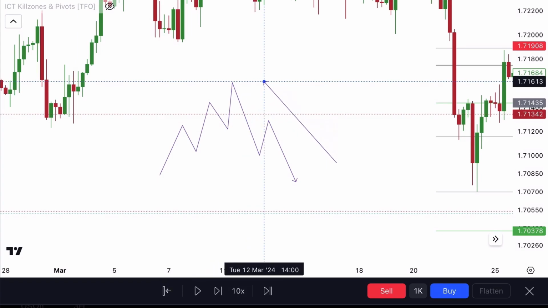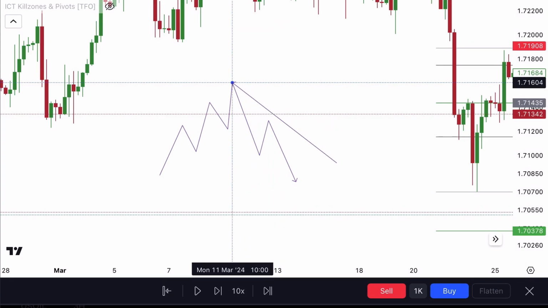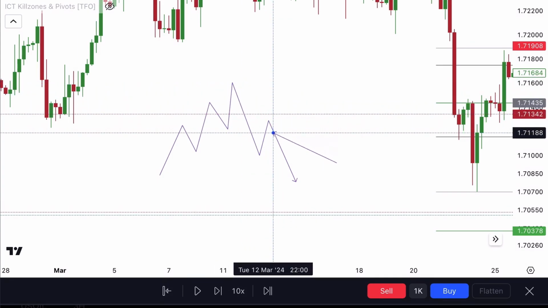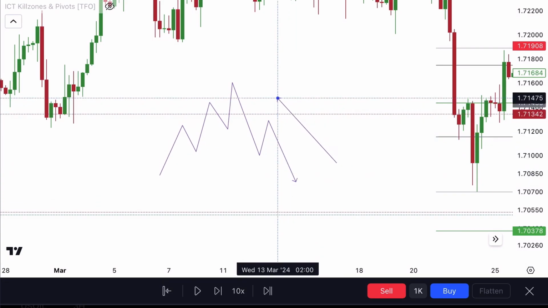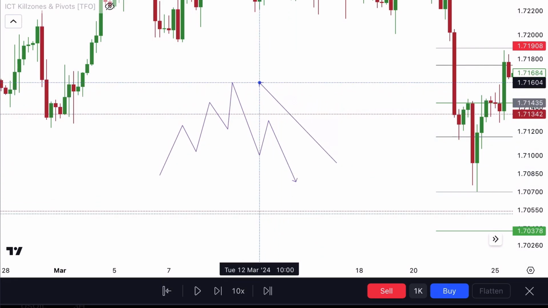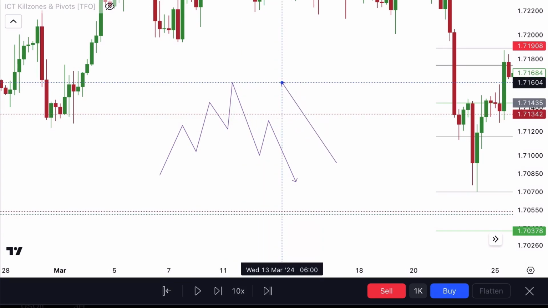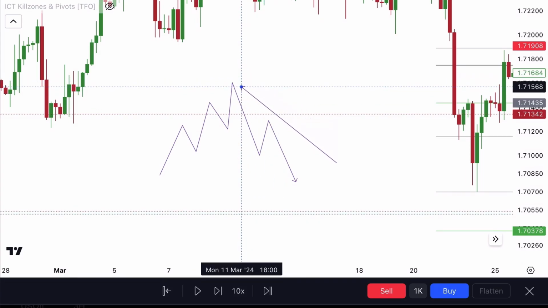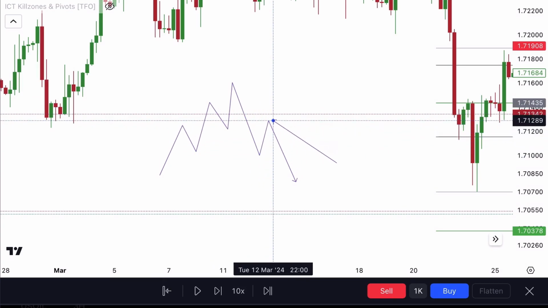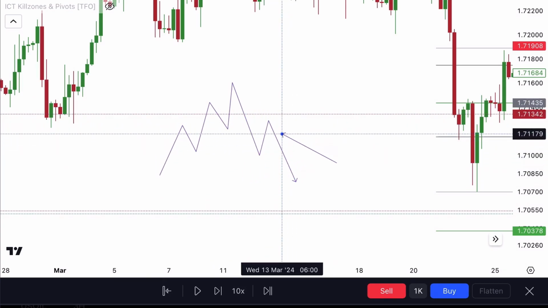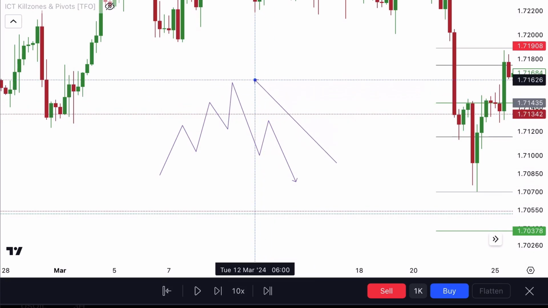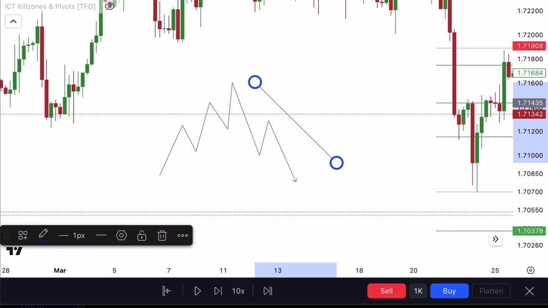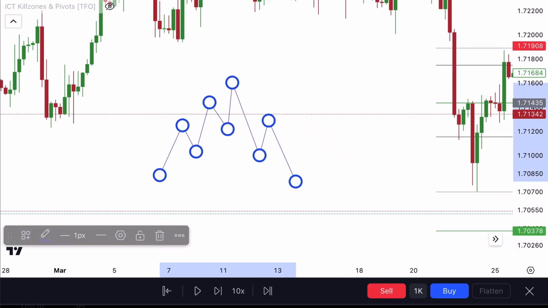This now becomes the protected level, because to continue the trend downwards, that will mean that price won't break above this level right here. Because if price breaks above and closes above, that will mean it is a shift in trend, and then we're going back bullish. So now we're looking for price to continue downwards, a bearish trend. That means our stop loss goes to the protected area, that it will likely not be broken.